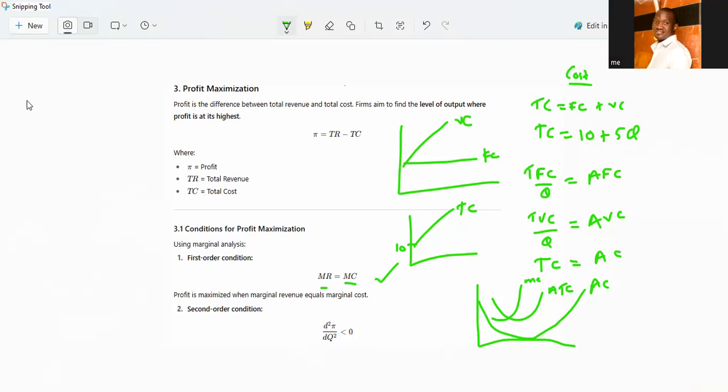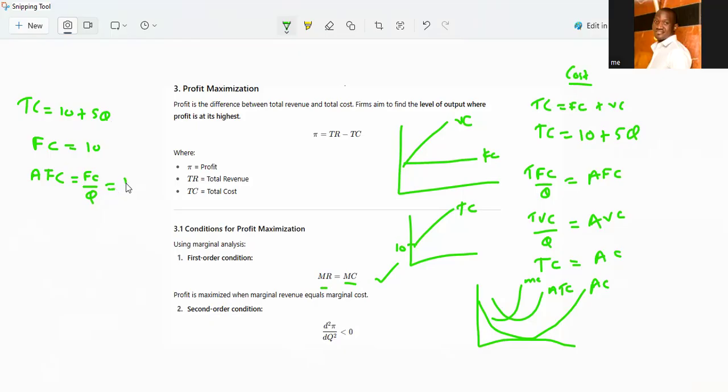So if you're given your total cost as 10 plus 5Q, show me which one is a fixed cost. Fixed cost is what? The 10, the constant without the variable. Meaning the average fixed cost will be when you divide the fixed cost by Q. So this is the fixed cost over quantity.